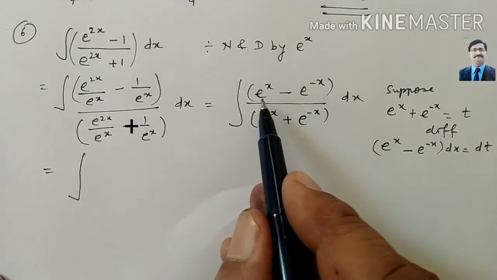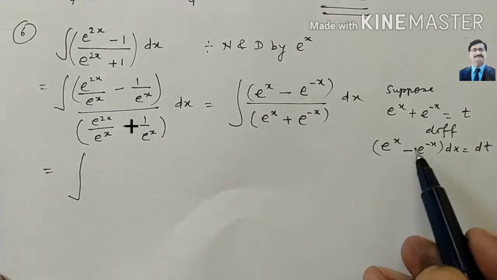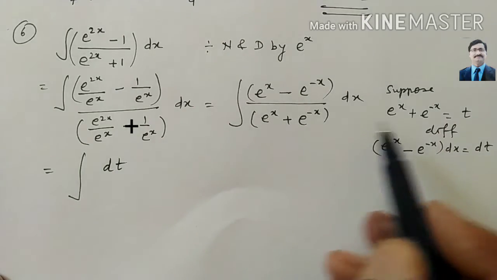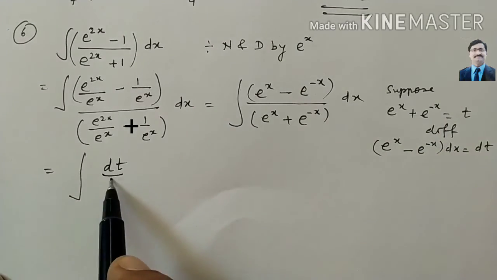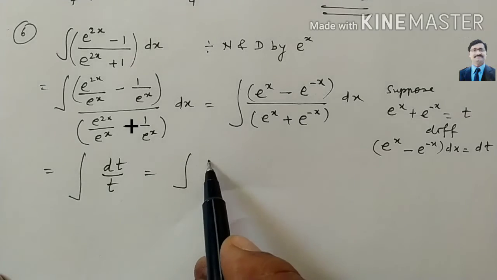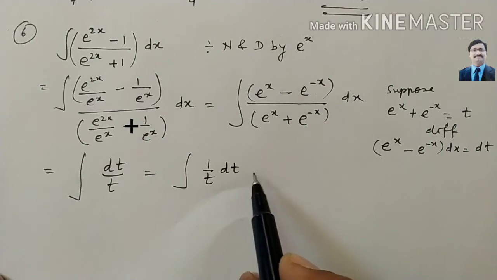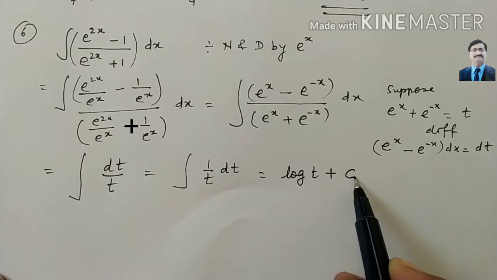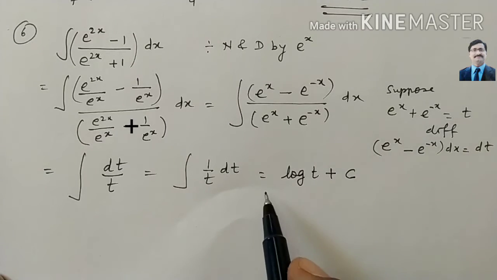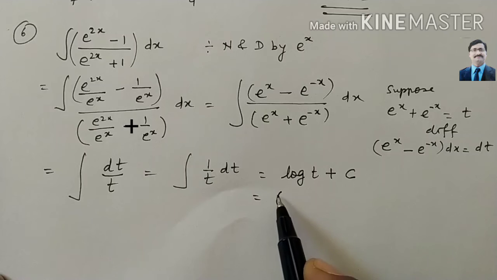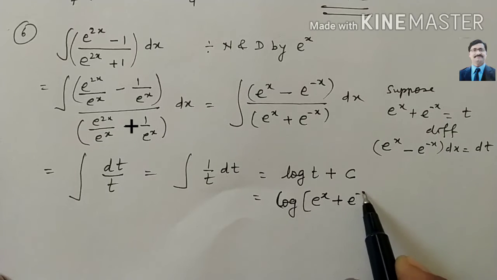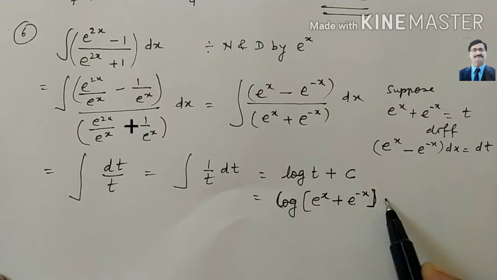The numerator becomes e^x minus e^(-x) dx, which is dt, and the denominator is t. So we have integral of 1 upon t dt, which is log t plus c, and in place of t we put the value again, so we get log of (e^x plus e^(-x)) plus c.